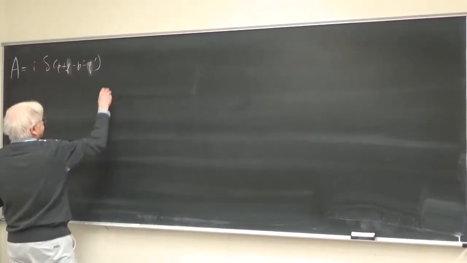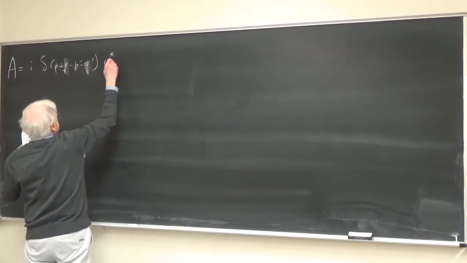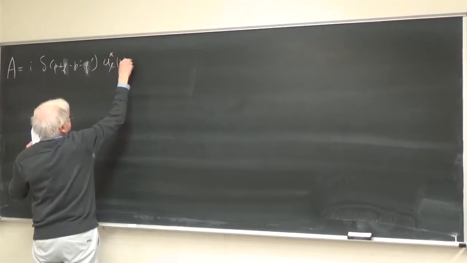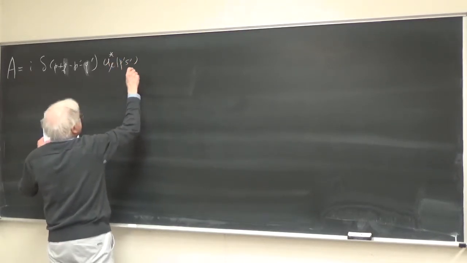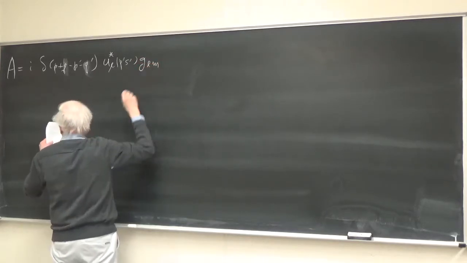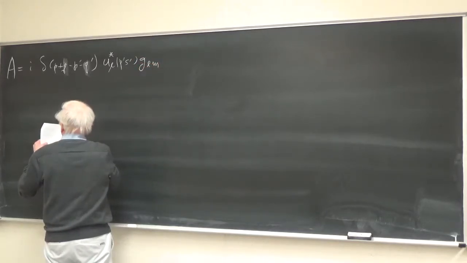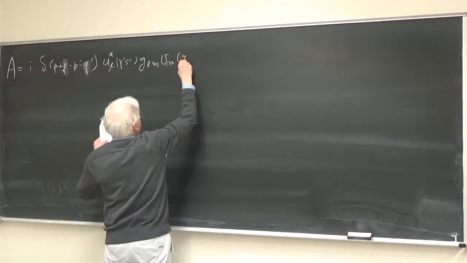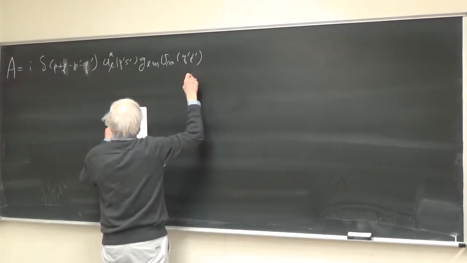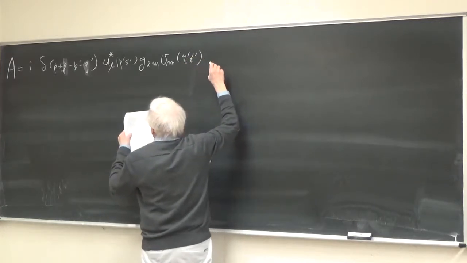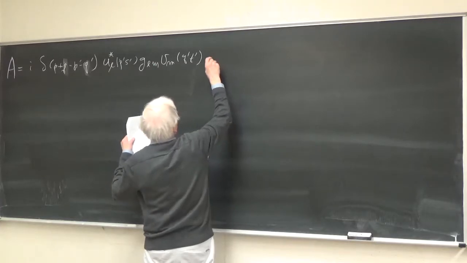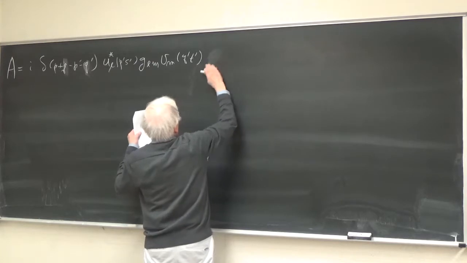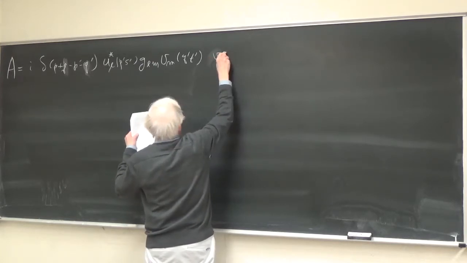And then I'm going to write this way, U star L of P prime S prime, G_LM, VM of P prime T prime, and then I'm going to write this again, I'm going to interchange the V's.